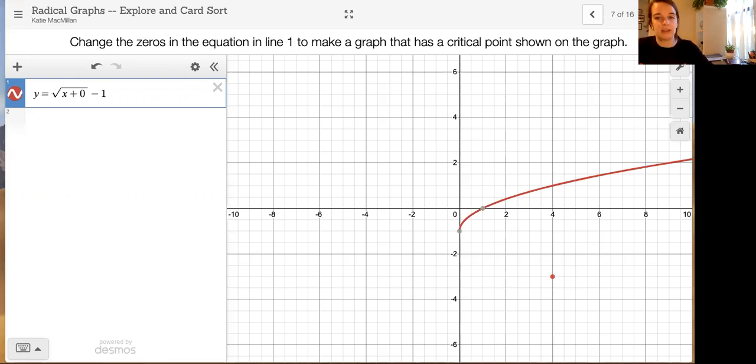And when you're ready, you can move all the way to slide 10. So you're working through all the challenges from slide 7 to slide 10.